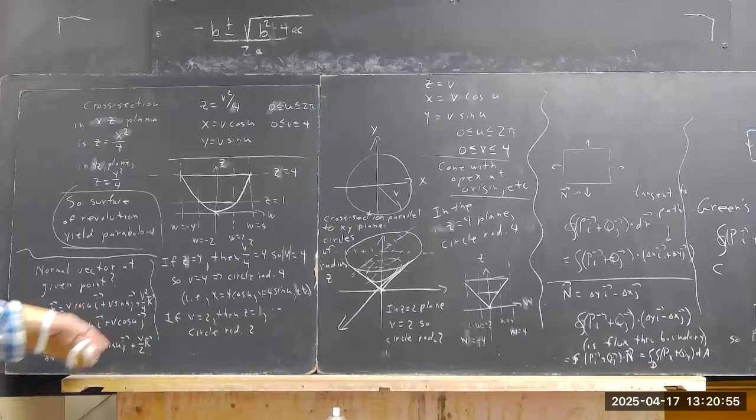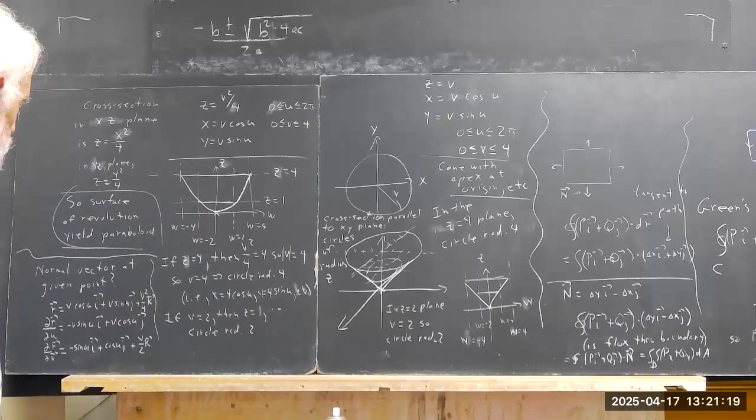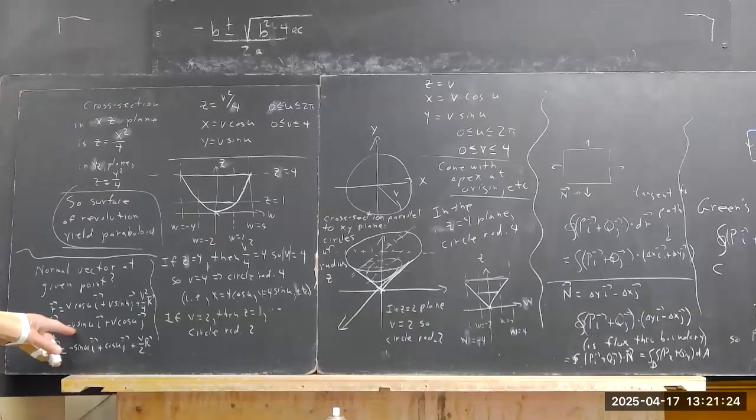Now, what's the change in this vector? I don't want to try to illustrate it with this, because I'm not sure what I was about to say. This is your partial R with respect to U. This is your partial R with respect to V.